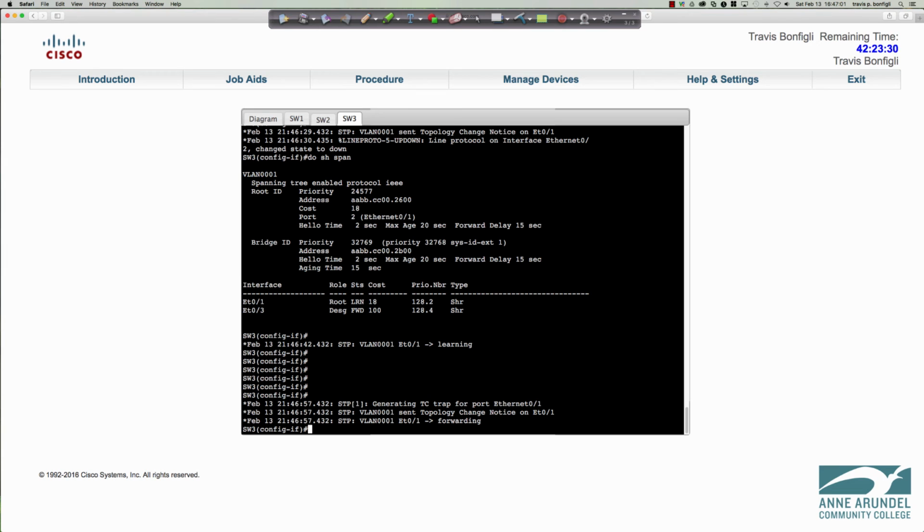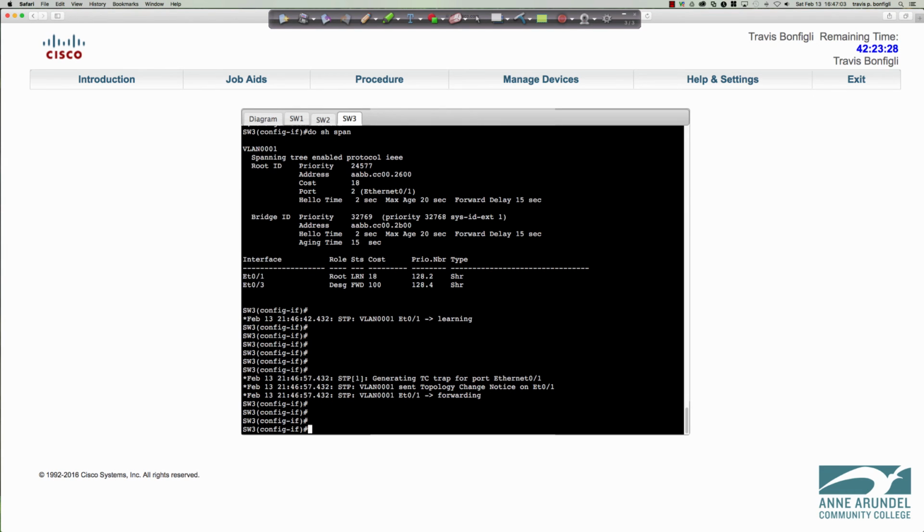And there we go. And you'll notice that we have a topology change notice. Now, this is one of the keys when we start to talk about the tools in the spanning tree toolkit. We're going to be talking about PortFast, or spanning tree PortFast, with legacy 802.1d spanning tree. What PortFast allows us to do is skip the listening and learning states and transition immediately to the forwarding state.